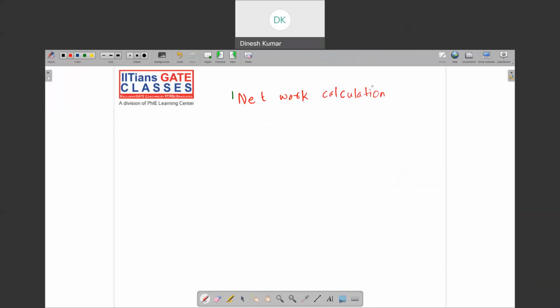What we are going to study in this particular session is Y bus and Z bus. These are the two important parts. First one will be Y bus, and second one will be the Z bus calculation.